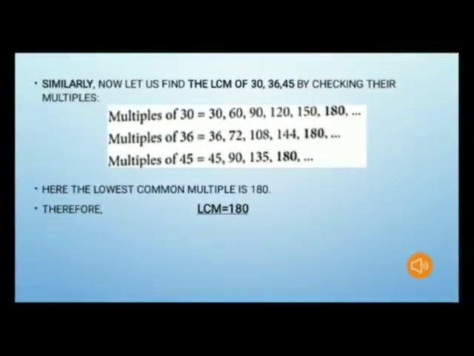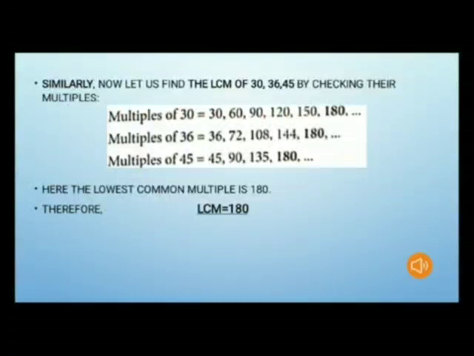Now dear students, we will find out the LCM of 30, 36, 45 by checking their multiples. As you can see here, multiples of 30 are 30, 60, 90, 120, 150, 180 and so on.